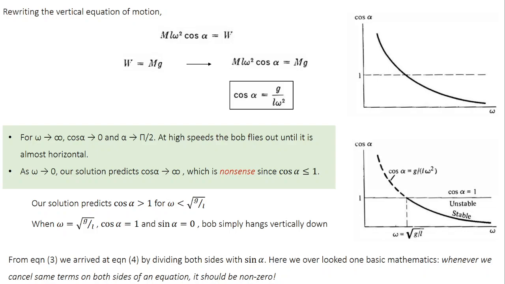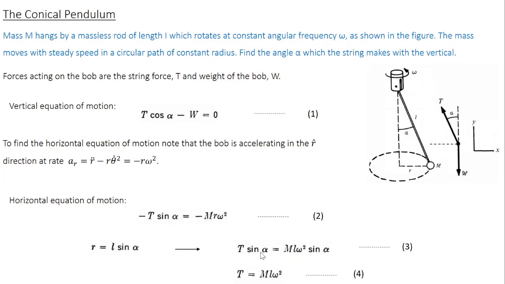Now, what is the issue here? Why did we get this kind of an absurd result? During the derivation, we have overlooked one fundamental mathematical principle. From equation 3, when we arrived at equation 4, what did we do? We found out that sine alpha is common on either side, so we just divided this entire equation by sine alpha on either side.